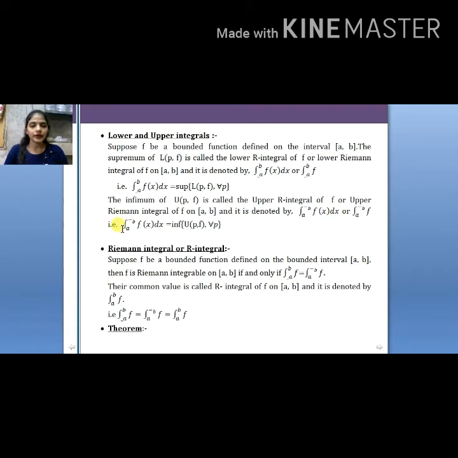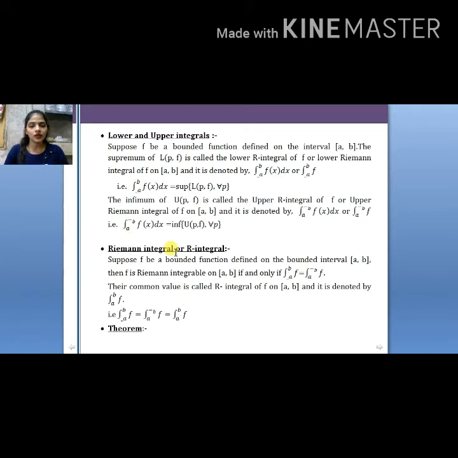That is, the integral from a to b-bar of f(x) dx is equal to the infimum of U(P, f) over all partitions P of the closed interval [a, b]. That is, the infimum of the upper Riemann sum of f(x) with respect to the partition P, over all partitions P, is called the upper Riemann integral. This is the notation of the upper Riemann integral.